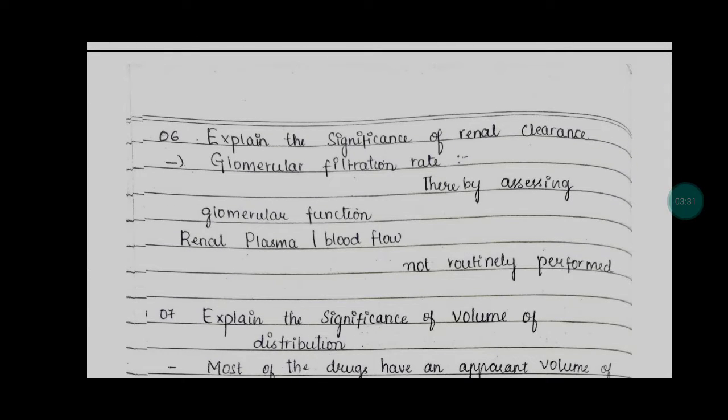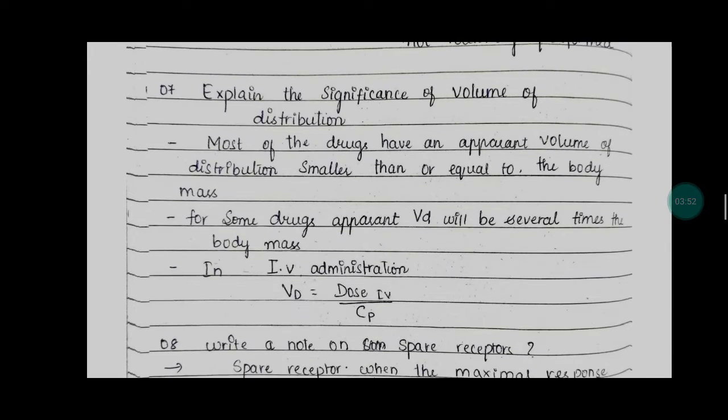So question number 6, explain the significance of renal clearance. The answer is the glomerular filtration rate, thereby assessing the glomerular function, and renal plasma flow, also known as blood flow, which is not routinely performed. And question number 7, explain the significance of volume of distribution.